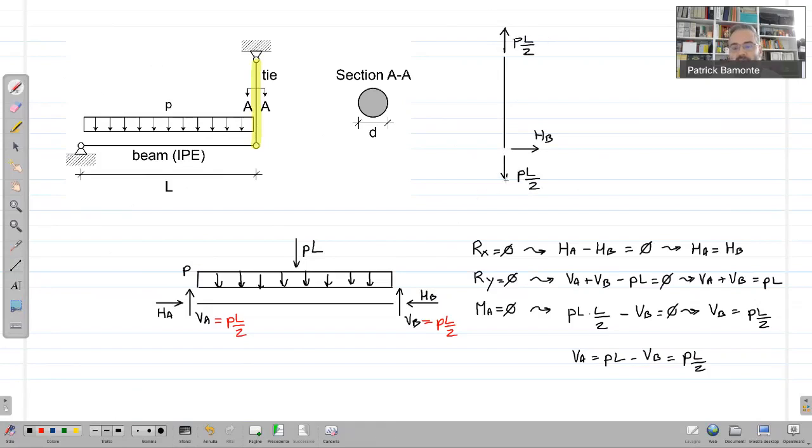You have PL divided by 2 at the bottom, PL divided by 2 at the top, and this representation clearly highlights the fact that the tie is in tension, as should have been expected, because we said it from the beginning, it's a tension member. So basically, the answer to point B was, what is the tension force in the tie? The tension force in the tie is PL divided by 2. Okay?